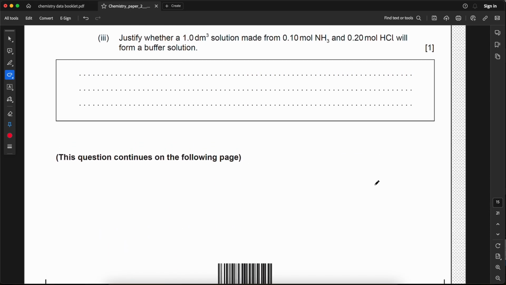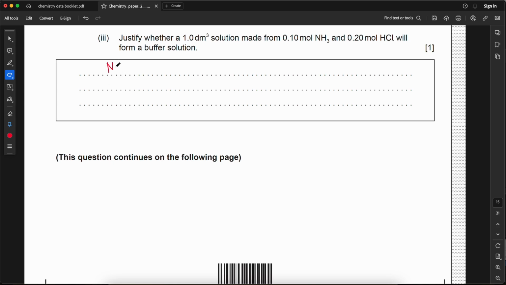Justify whether a 1 decimeter cube solution made from 0.1 mole NH3 and 0.2 mole HCl is a buffer. Okay, so to make a buffer solution, you need a weak acid and its conjugate base.